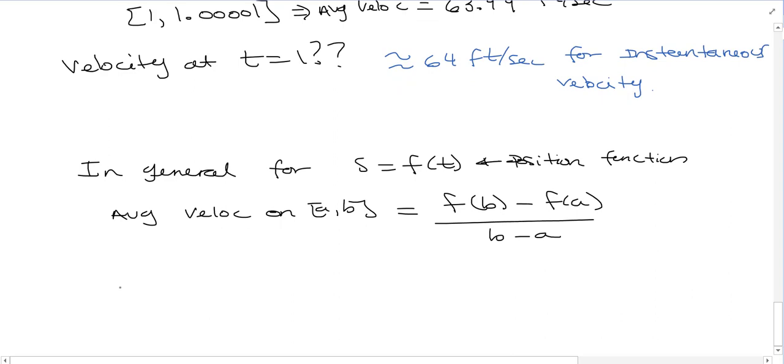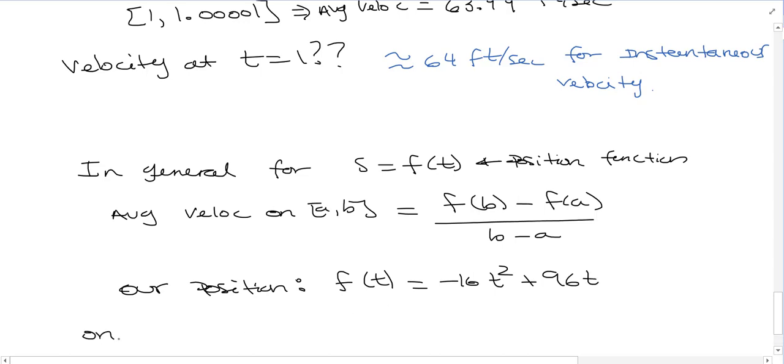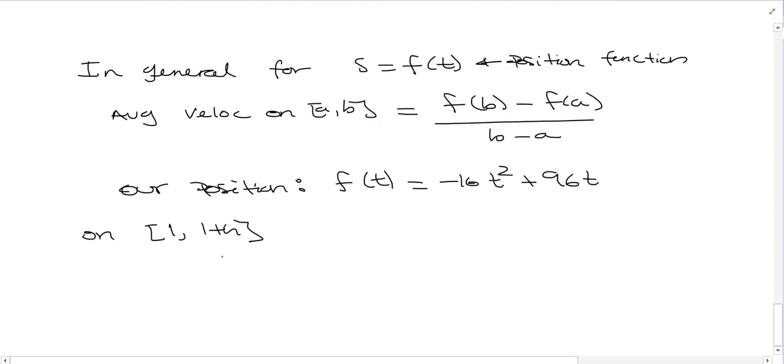So for our function, our position function is f of t equals minus 16t squared plus 96t. And we want to find the average velocity on the interval 1 and 1 plus h. Looking at this, this is like our a, and this is like our b.